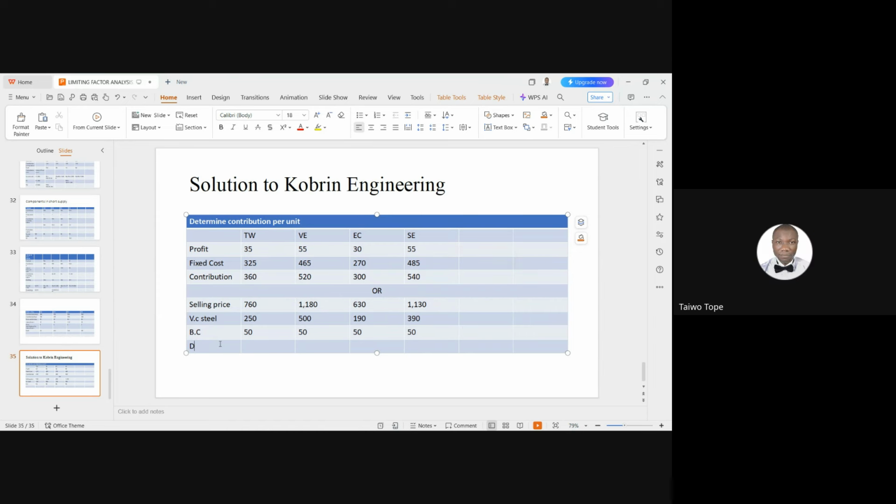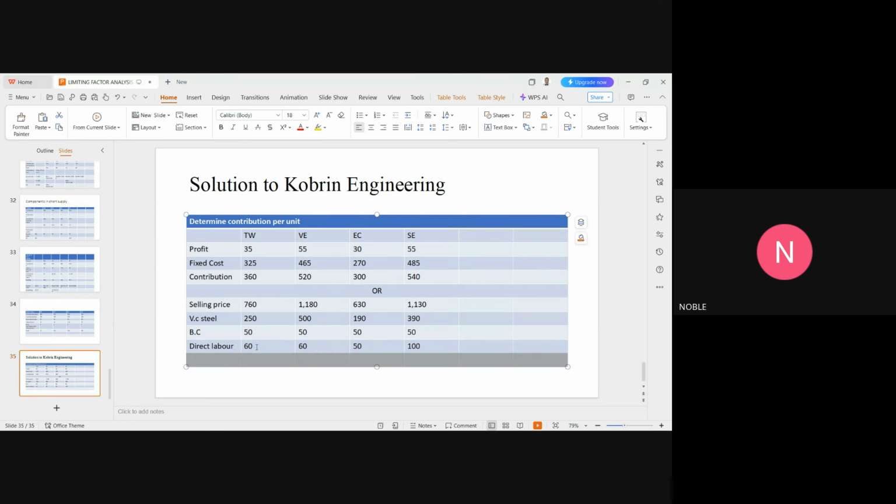We have direct labor, 50, 60, direct labor 100. 60, 50, 100. Then we have what again?